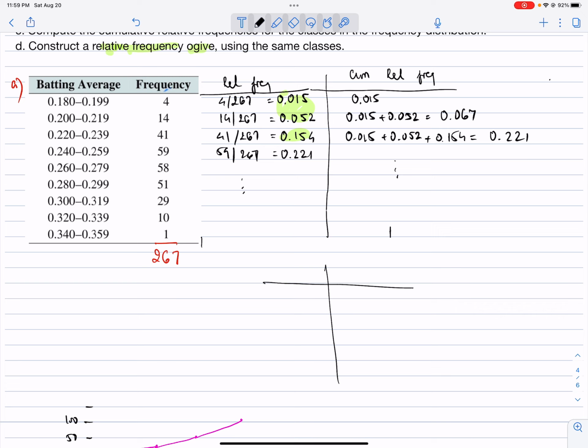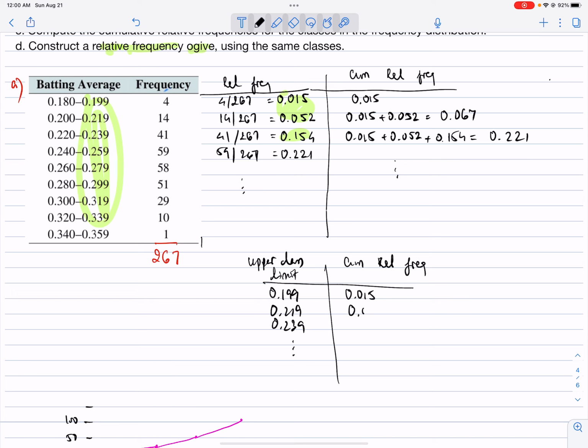The X part is still the upper class limit, which is 0.199, 0.219, 0.239, and so on. Then the Y part will be the cumulative relative frequency. That would be 0.015, 0.067, 0.221.